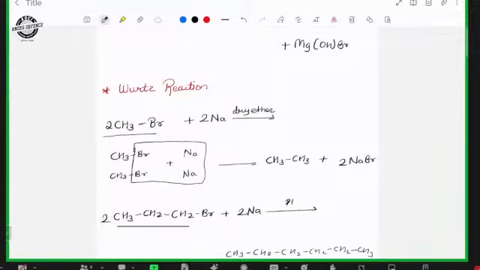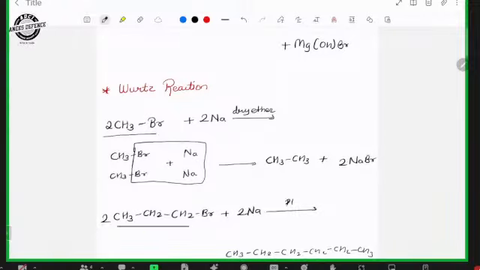Coupling means we are joining two molecules to form a single larger molecule. So if you are taking 2 moles of anything, you have to take 2 moles of that metal. For example, if you are taking 2 moles of bromomethane, you have to take 2 moles of sodium. Again, we are using a metal, so we have to use dry conditions. So I'm using dry ether.